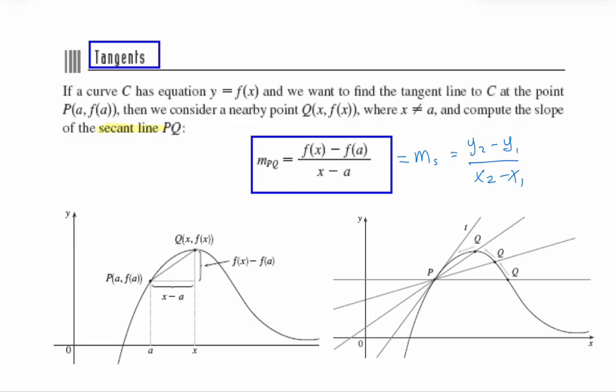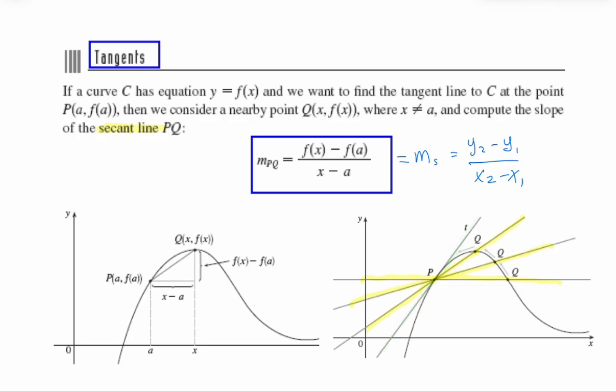Now, it is customary to go from left to right, okay? So here you'll notice our secant line between P and Q changes depending upon what Q we're looking at. Now, this is the tangent line.